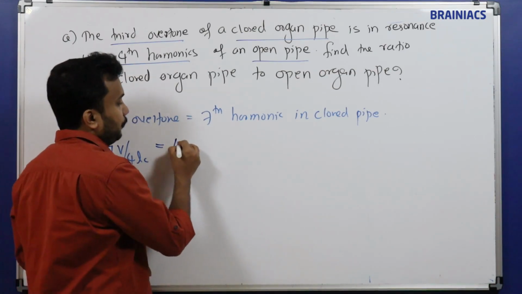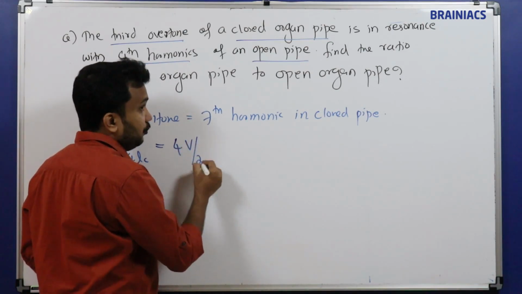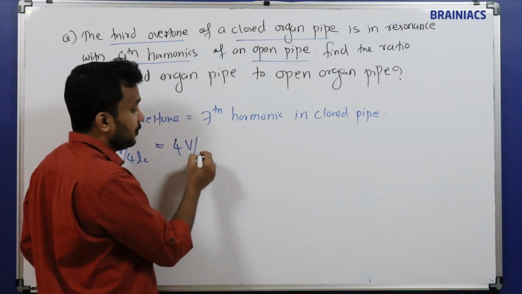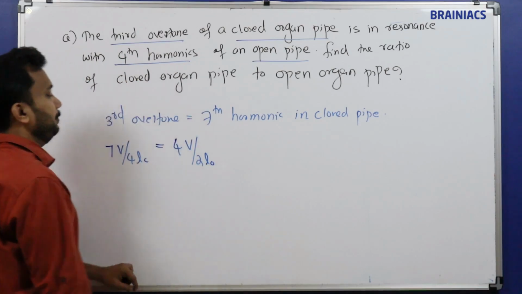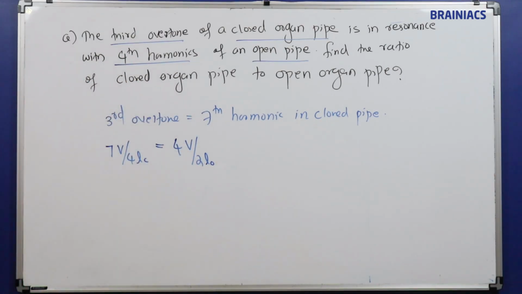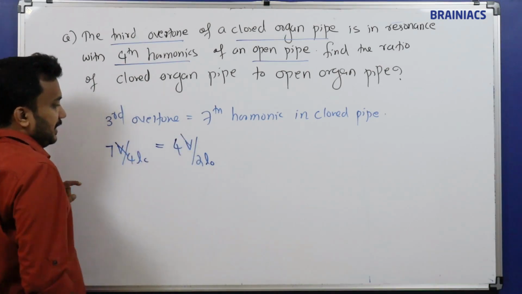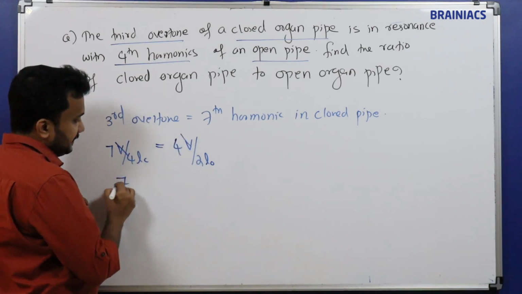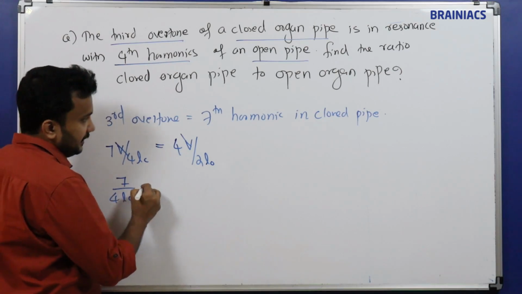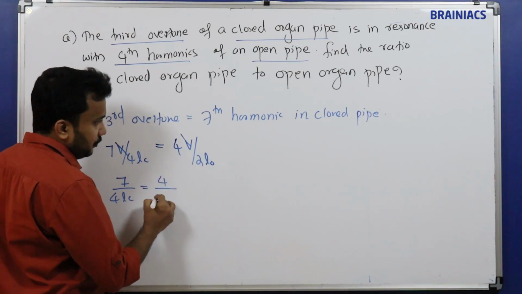Fourth harmonic is 4 into V by 2L, since V by 2L is the fundamental for the open pipe. That's all. V gets cancelled. So we get 7 by 4Lc is equal to 4 by 2Lo.